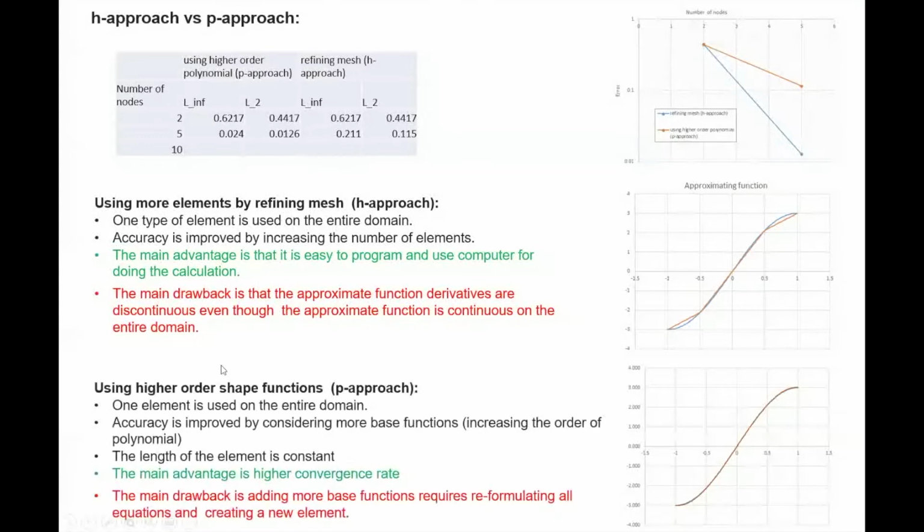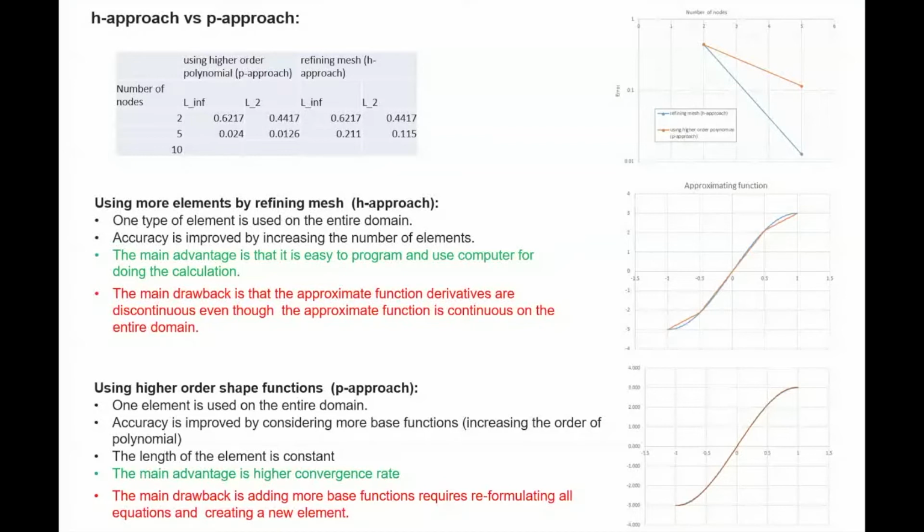On the other side, in the P approach, or using higher order polynomials, 1 element is used for the entire domain, and the accuracy is improving significantly. But on the other side, every time that we add 1 more node, we need to reformulate, we need to recalculate everything from scratch.